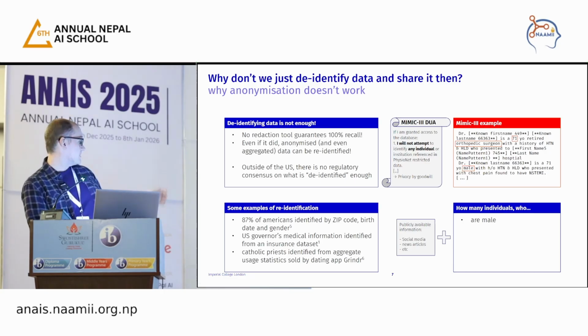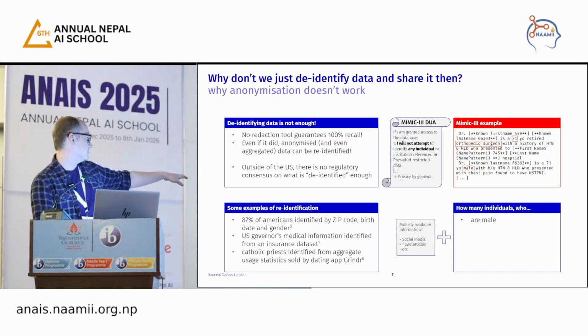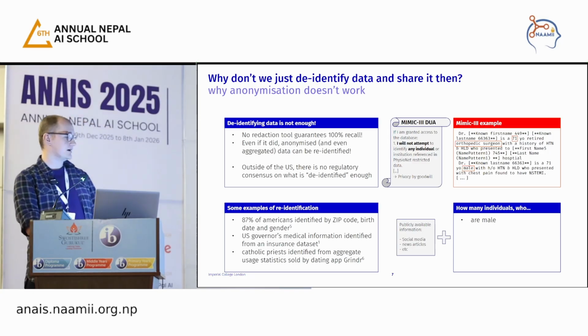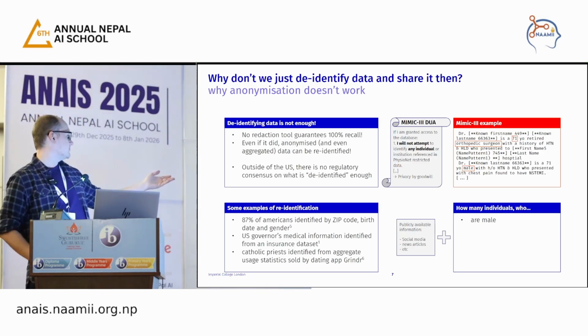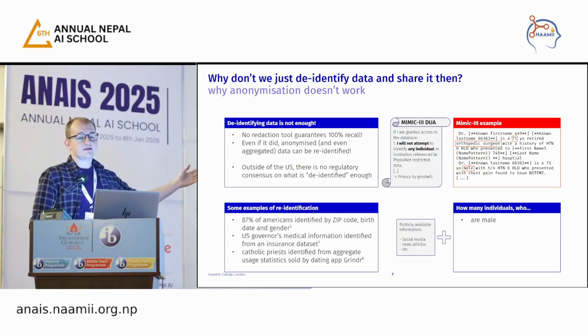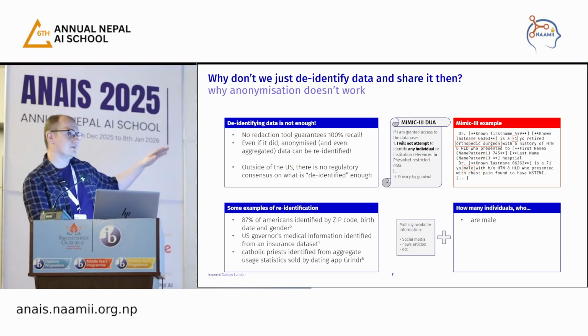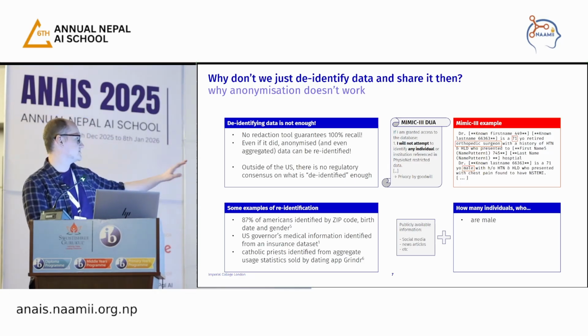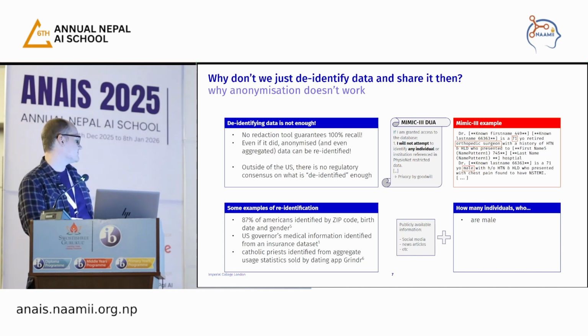And there are some examples of real re-identification. It has been argued that 87% of Americans can be identified by zip code, birth date, and gender alone. That's what started this whole research direction, or was one of the triggers for it. This led to the identification of a US governor's medical information from an insurance data set, though that was also a bit lucky.